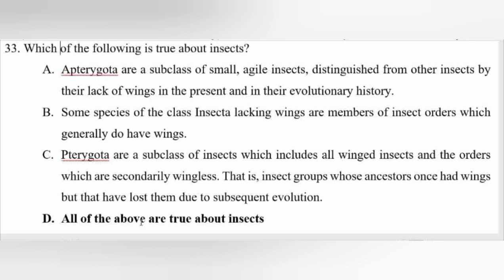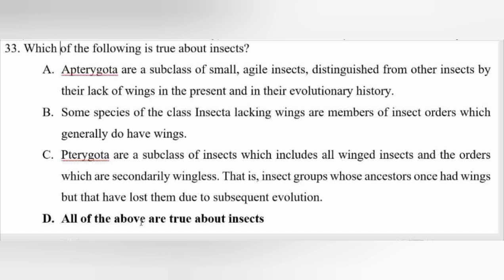Then option B says that some species of the class Insecta lacking wings are members of insect orders which generally do have wings. Yes, because some of them, their ancestors had wings, but in the present generation they've lost the wings, and so they can still be considered Pterygota.